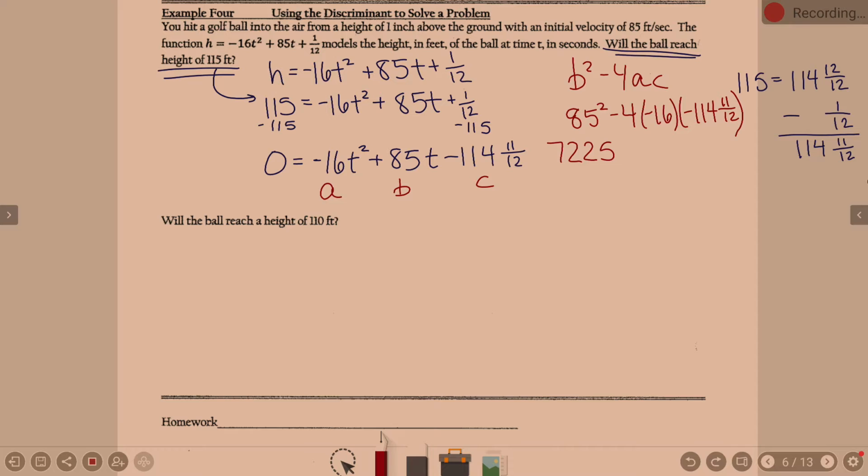Okay, so I'm going to do 4, and here's my thing. I know a negative times a negative times a negative is going to be a negative.